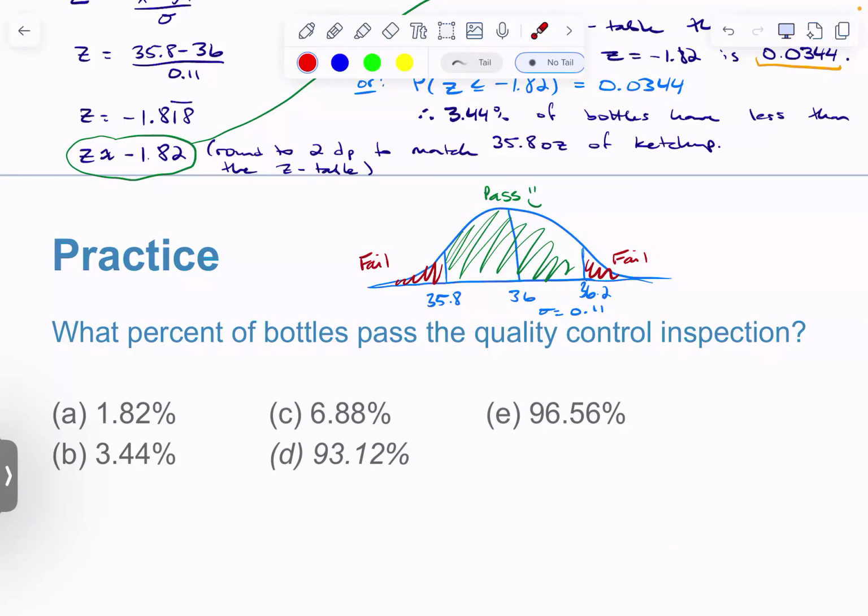Another thing you could do, right, is you could find the area to the left of this point, not necessarily using 1, and then subtract this tail area, which we conveniently already found, right?